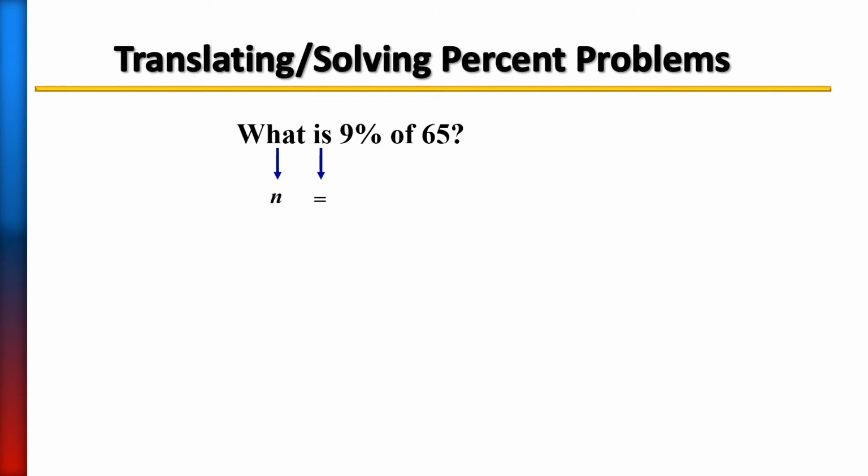So 2 to the left, it becomes 0.09. Next, we have of. Anytime you see of, that's going to be a multiplication symbol. So we can go ahead and write that. And then we have 65.